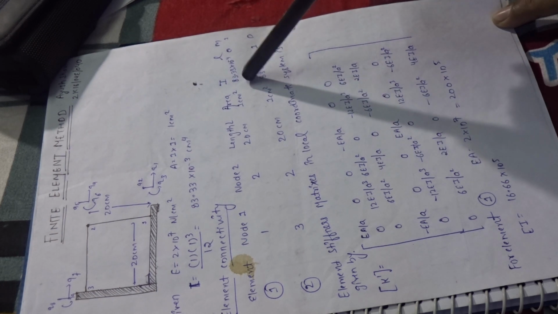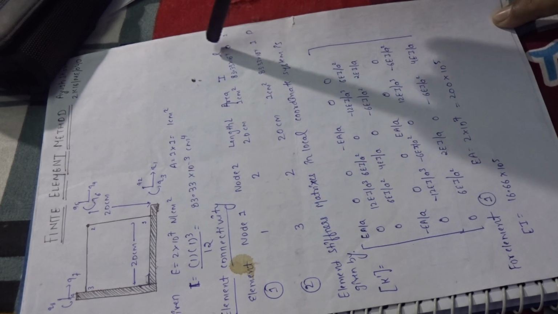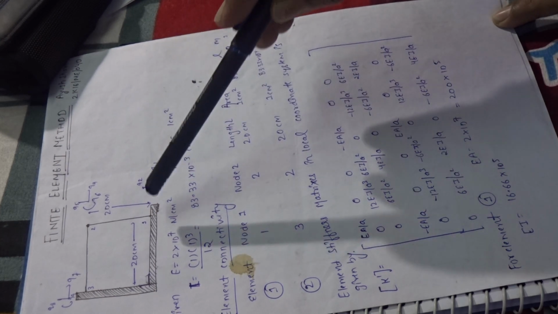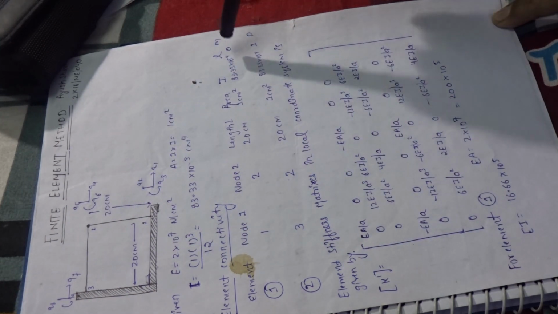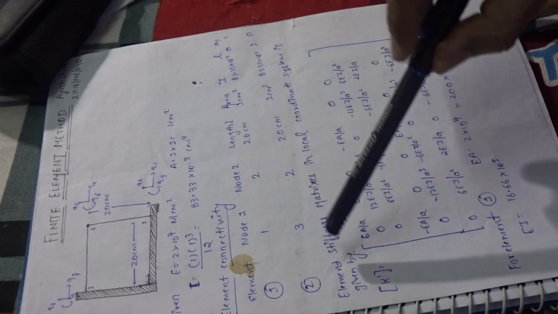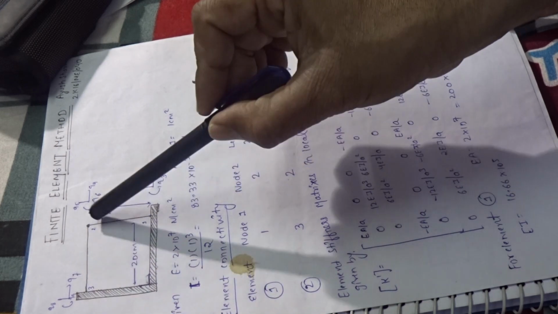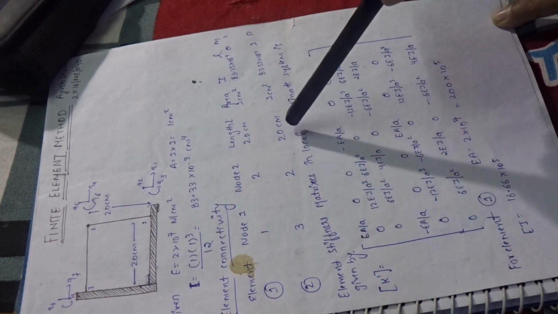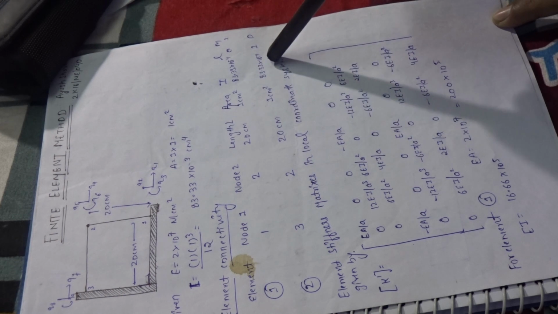I is equal to 1 by 12, as already calculated. L is cos theta and M is sin theta. For element 1, theta is equal to 90 degrees, so L is equal to 0 and M is equal to 1. For element 2, the element connectivity is 3 and 2, connected from node 3 to node 2, with length 20 centimeter, area 1 centimeter square, and the same moment of inertia.